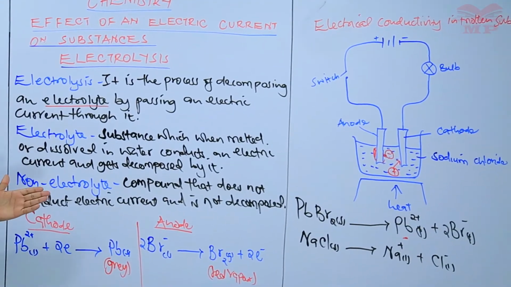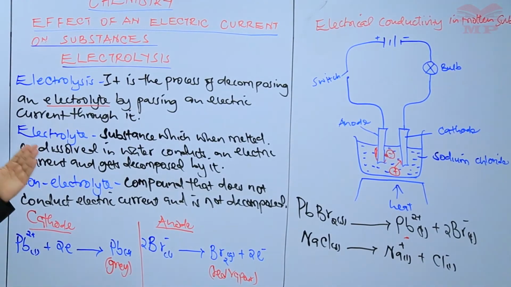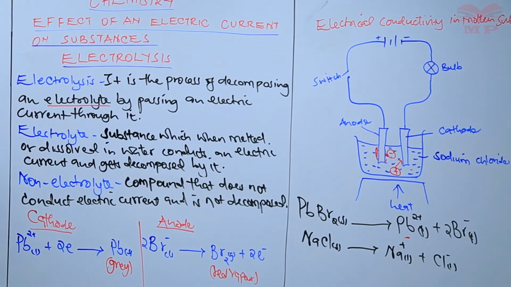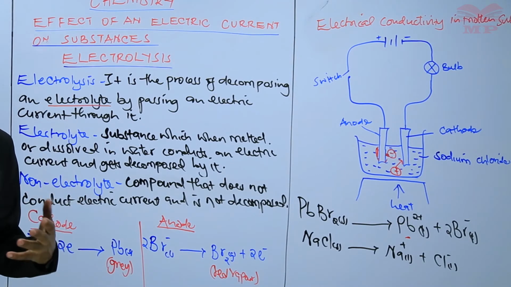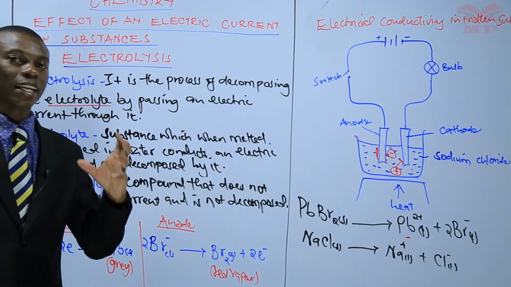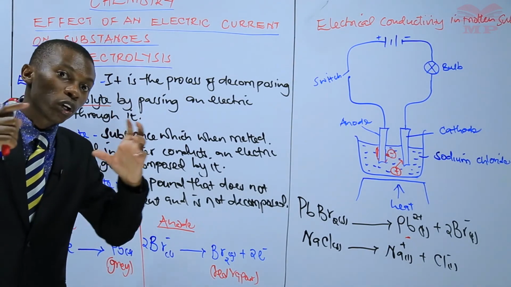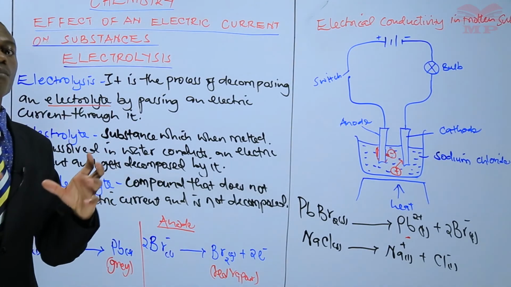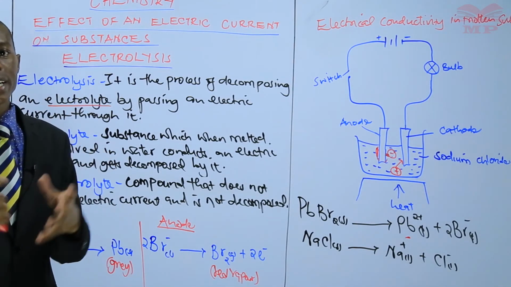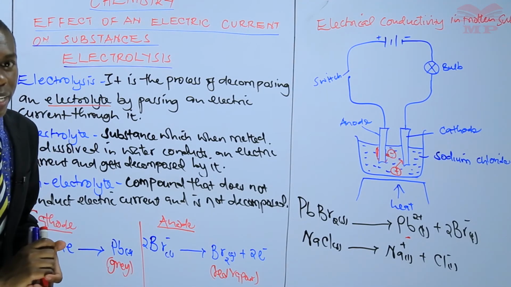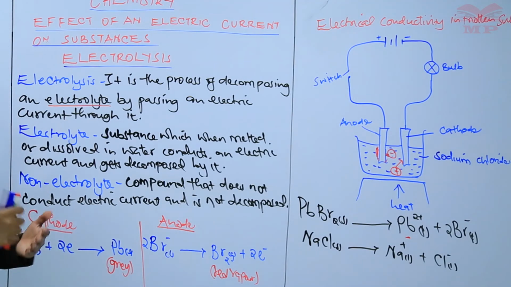While a non-electrolyte is a compound that does not conduct electric current and is not decomposed, like a solution of sugar or a solution of urea. Those are non-electrolytes because they do not conduct electric current, in solid, molten or aqueous states, because they lack charged particles.